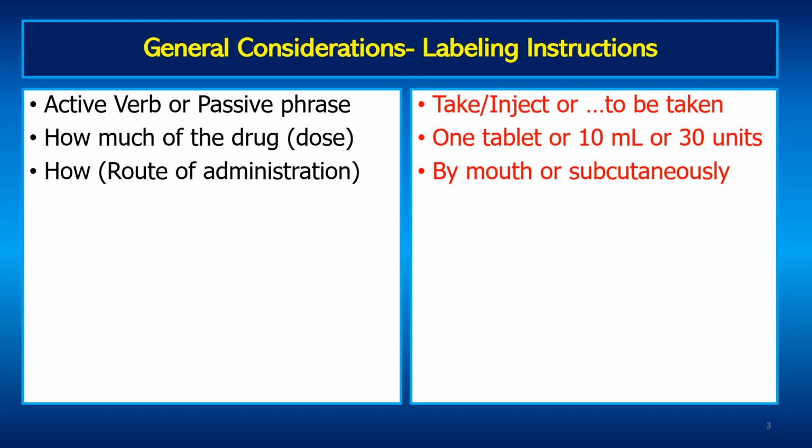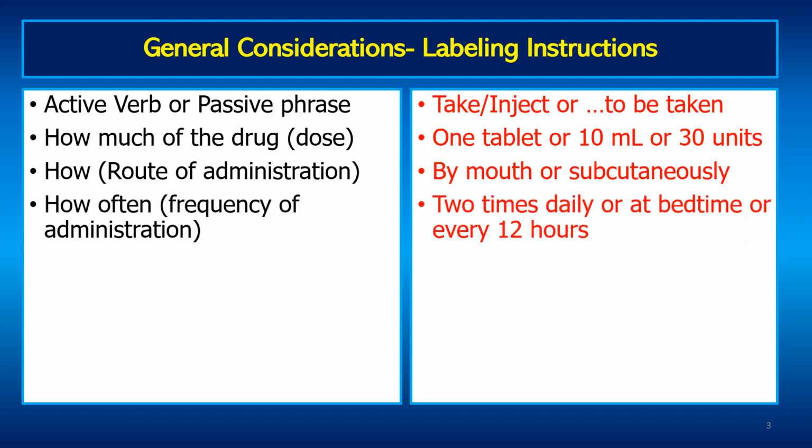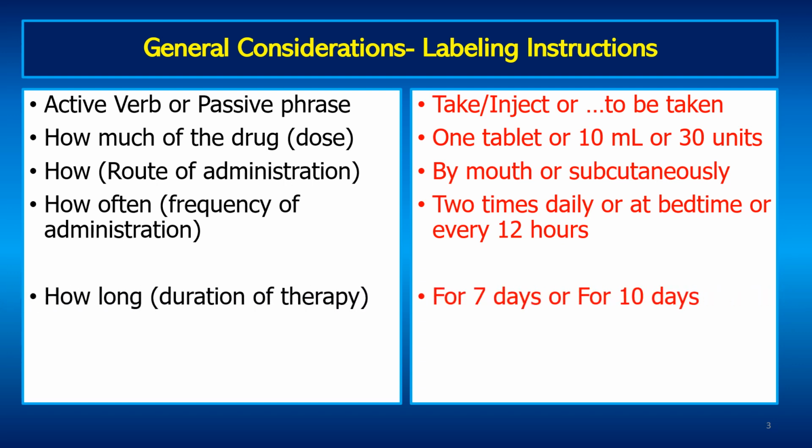So the medication is to be taken by mouth or is to be injected subcutaneously. How often? And this is the frequency of administration. 2 times daily, at bedtime, every 12 hours, 3 times a day, every 4 hours.